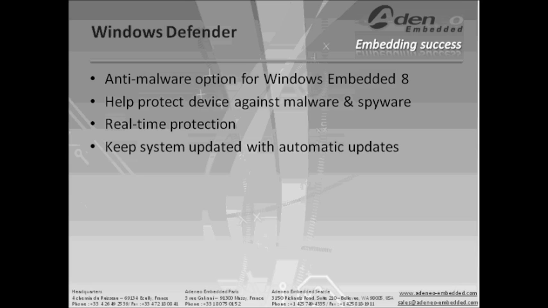In Windows Embedded 8, Windows Defender provides real-time protection, as I said, and the engine and the signatures of Windows Defender are the same as those used by Microsoft Security Essentials. And you can define an automatic scan at the time defined for automatic maintenance in your Action Center, sorry.